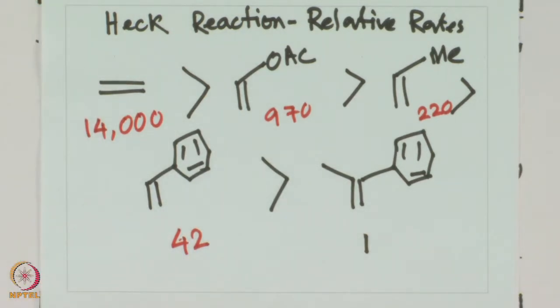Okay. So, as you have seen in this example, if you have no substituent on the olefin, that is most reactive. The more substituents you have on the olefin, the reaction rate decreases. Therefore, it is a steric factor controlled reaction.